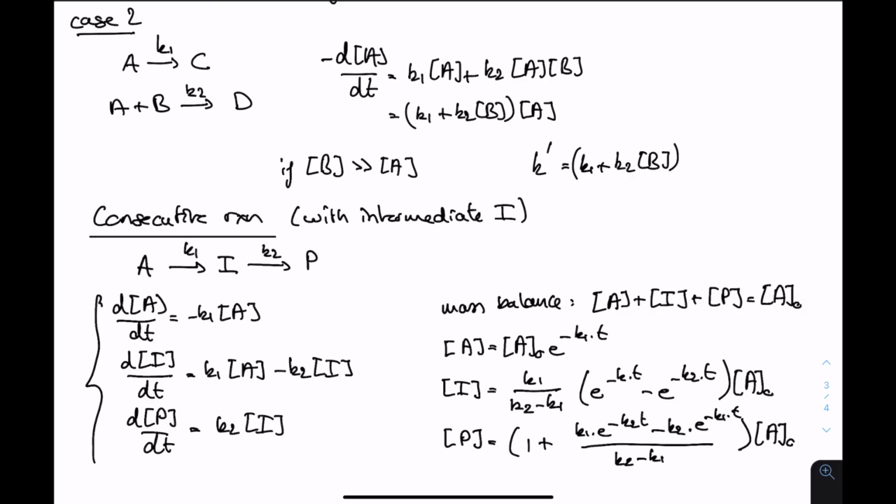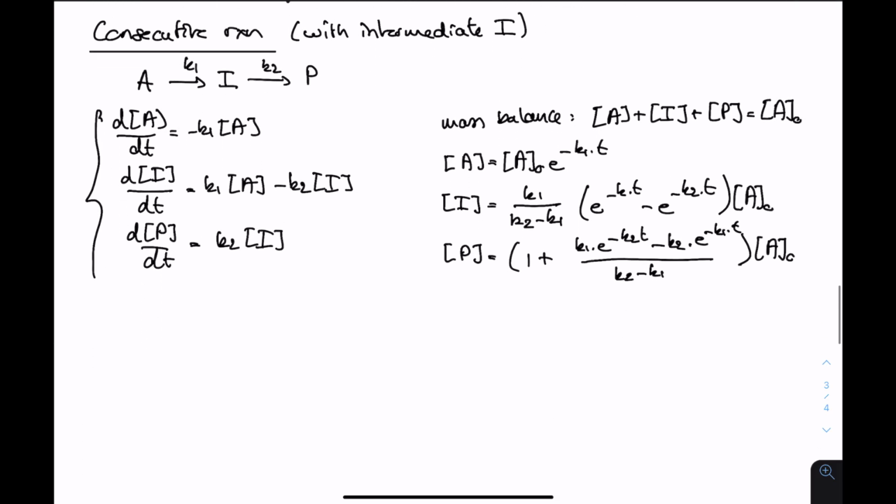Okay, so two specific situations. What if K2 is much faster than K1? So there's a rate limiting step. Then P simplifies simply to this.